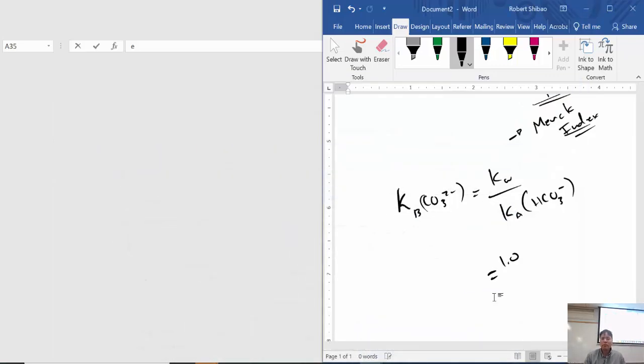So this is going to be 1.0 times 10 to the negative 14 divided by 4.7 times 10 to the negative 11. So, 1 times 10 to the negative 14 divided by 4.7 times 10 to the negative 11.